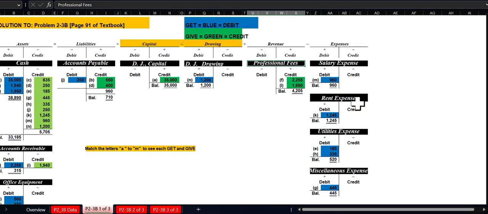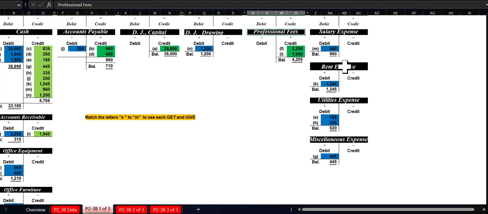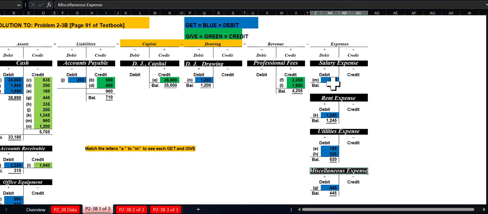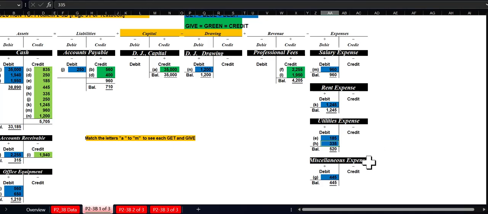Whereas for each of the expense accounts, notice that the word expense is normally at the end of the account name. Each expense account has a get, because you will get an expense when someone provides the business with their services. So, for example, when the utility company provides the service to the business, from the business perspective, the get is the service.